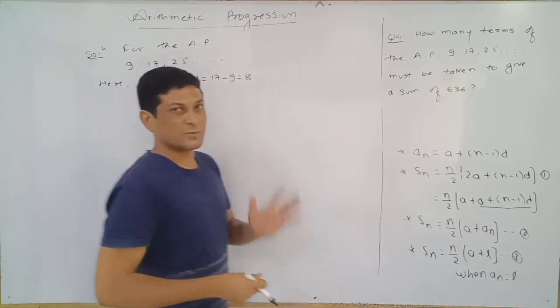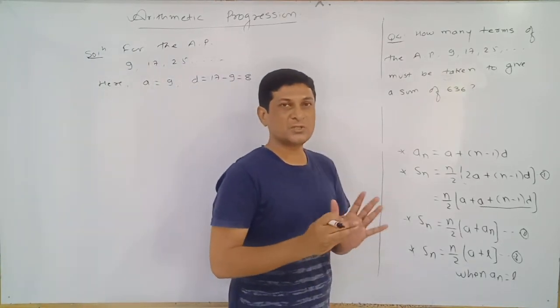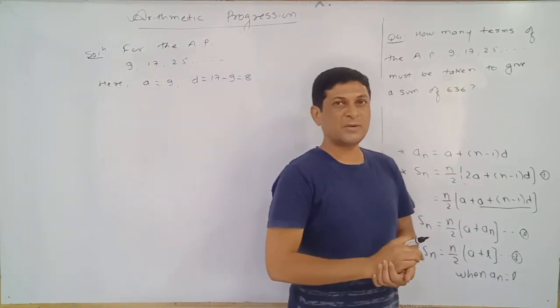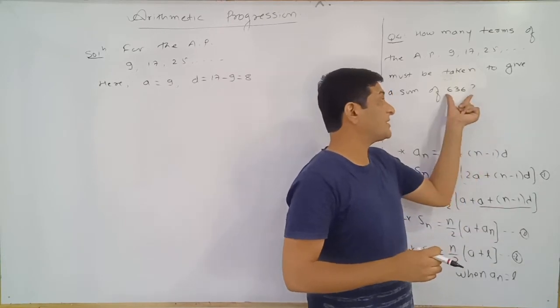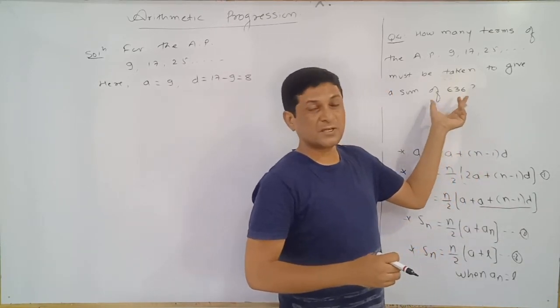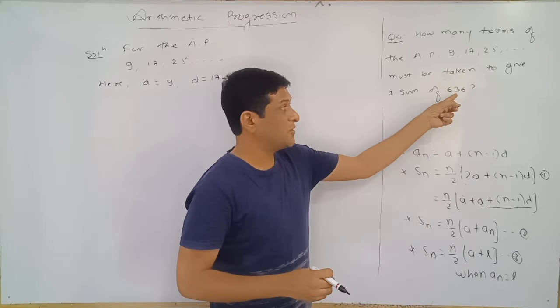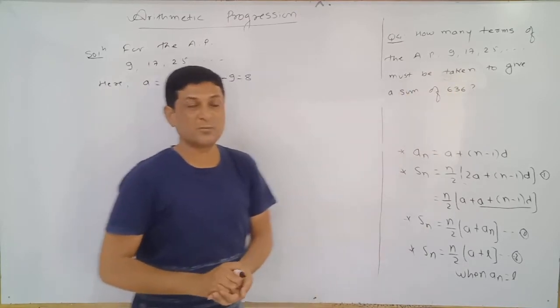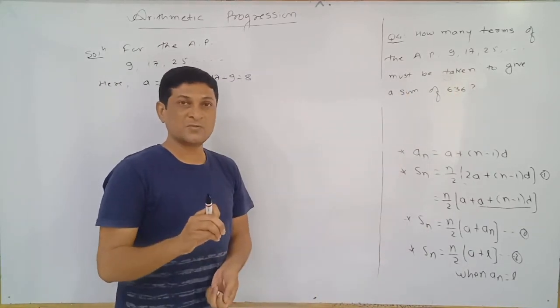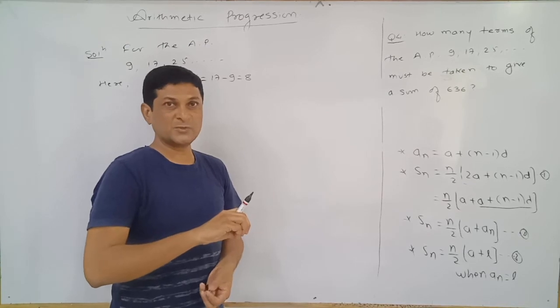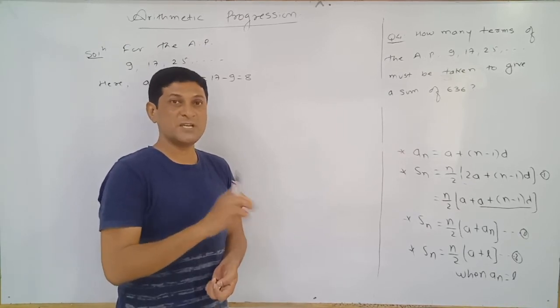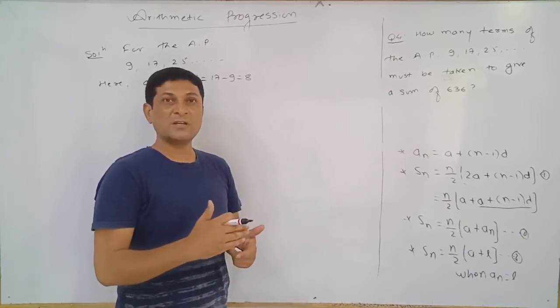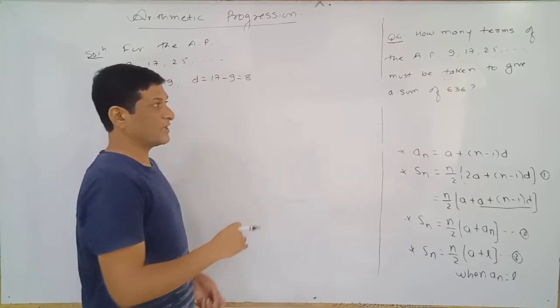Now one arithmetic progression is given to us, and the question is how many terms of the arithmetic progression give the sum 636. That is the value of the sum of terms in this arithmetic progression. Using this we have to find out how many terms, means we have to find out value of n. n represents the number of terms in the arithmetic progression.